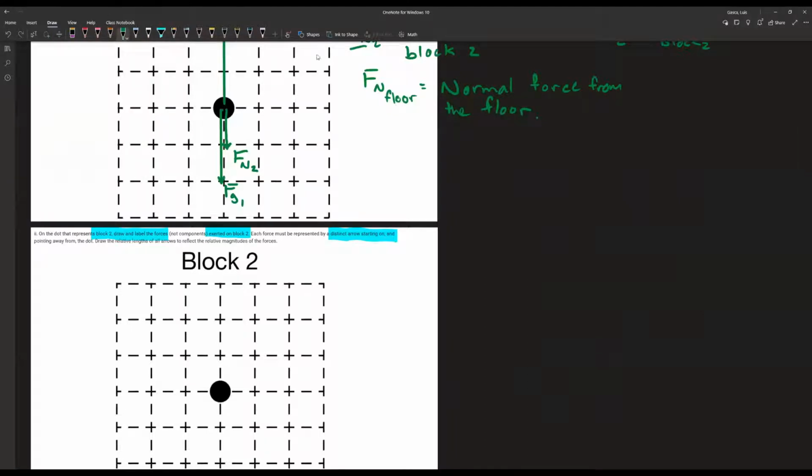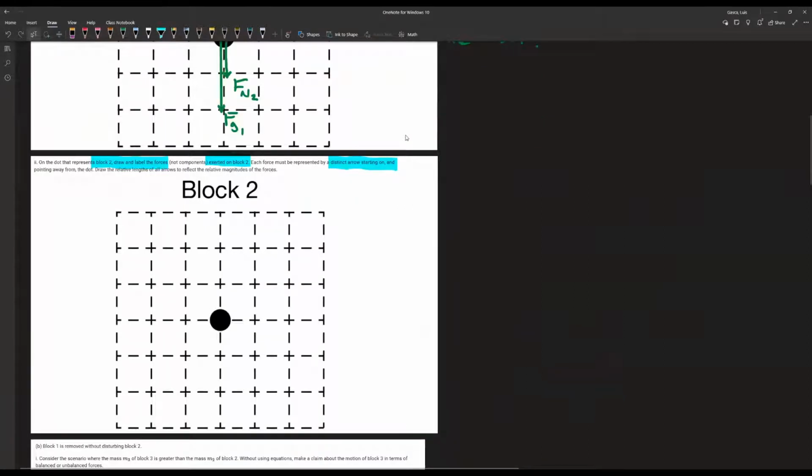So we're actually going to label it the gravitational force or the weight. And so this would be the force due to gravity 2, where Fg2 or weight 2 or M2G, all of these are totally fine, represent the weight or gravitational force.